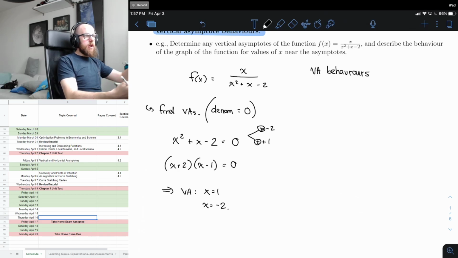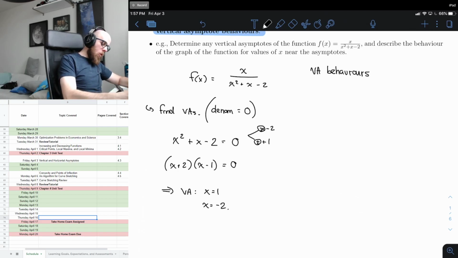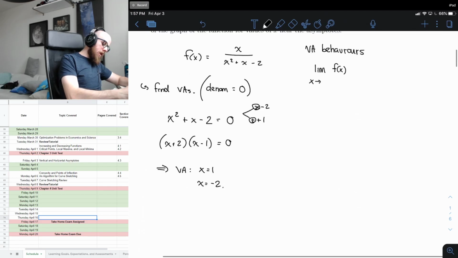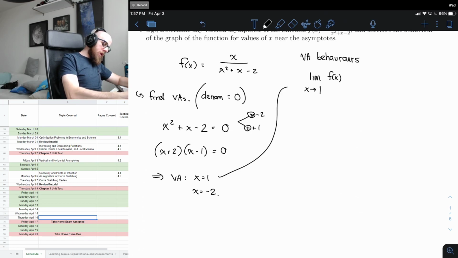In fact, we're going to consider two limits for each of our vertical asymptotes. In this example, we have two VAs, so we're going to consider four separate behaviors. We want to figure out what is the limit of the function f of x when x is getting really, really close to 1, my first VA.